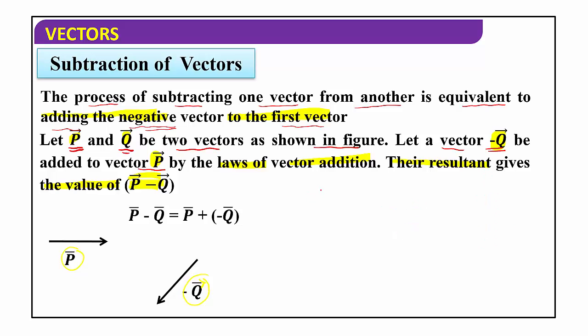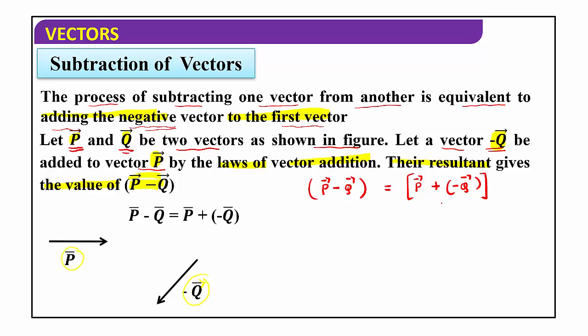According to the definition, I am going to subtract vector P and vector Q. How to subtract these two vectors? The first vector is vector P plus the second vector is minus Q. This is what we can call subtraction of vectors, because you can observe the definition.